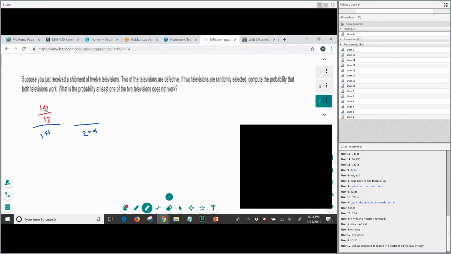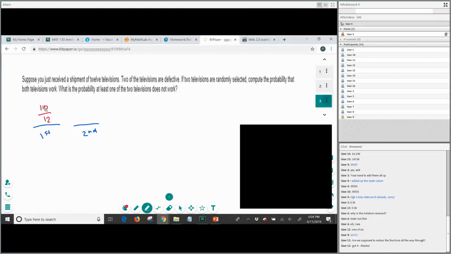I like to put it in the way that it's stated for this portion of the work because that way I don't have to keep in mind like, oh, where did this 5 come from? Oh yeah, I reduced. Like I can look and just say, where did this 10 come from? Oh yeah, there were 10 working televisions. So to me it's more intuitive to keep it in the numbers that correspond to the question at this stage and only reduce at the end. But you certainly can reduce here if you want to and it won't change the outcome.